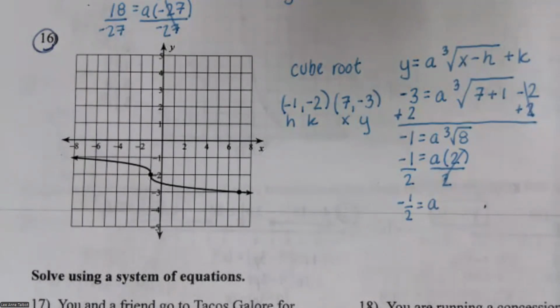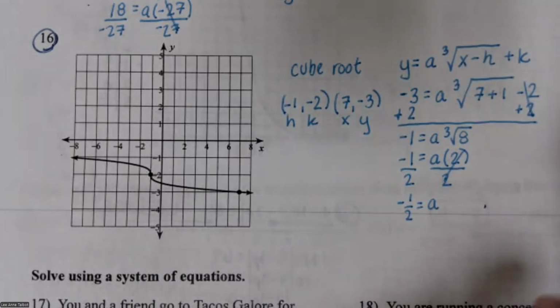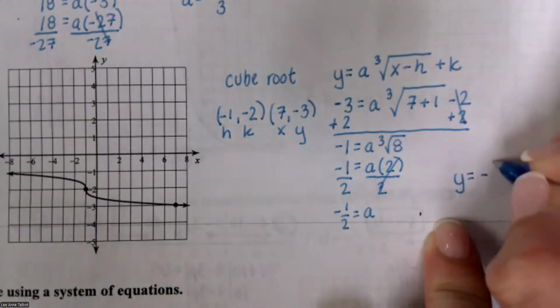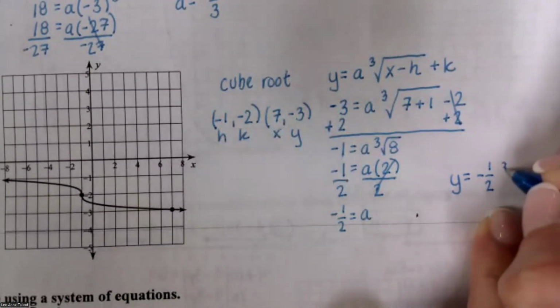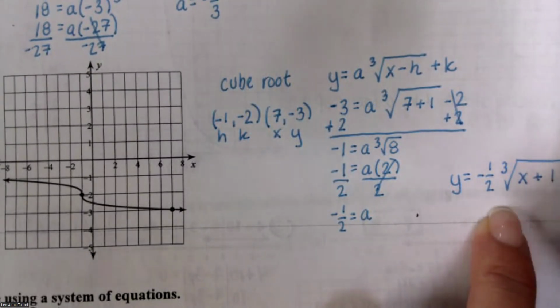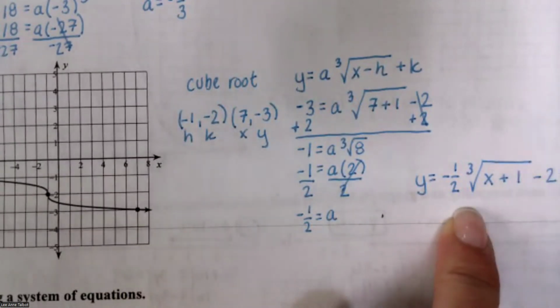Those things come out to numbers, so you don't have to make it too fancy. Okay, anyway, final answer, y equals -1/2 times the cube root of (x plus 1), minus 2.